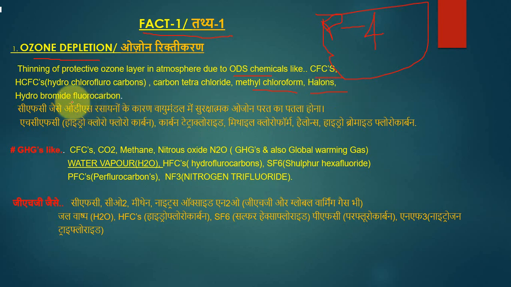Don't try to mug up or remember all these facts, friends. Just try to remember a few things, because they can ask anything, like which of the following is an ODS or ozone depleting chemical, कौन से ODS chemicals हैं, which of the following greenhouse gases, which of the following global warming gases. This type of question UPSC must ask because they love environment and climate change.